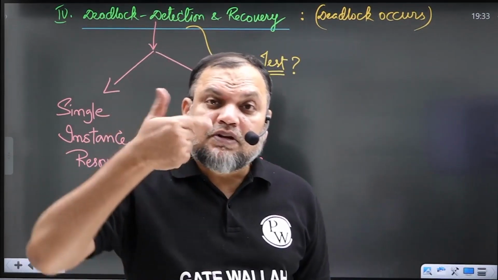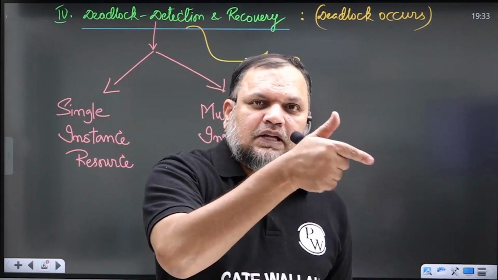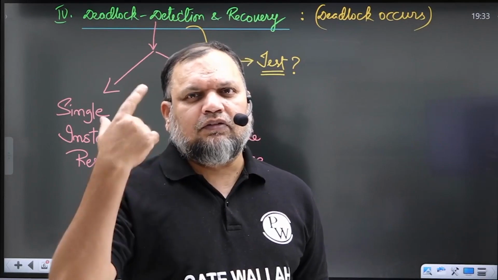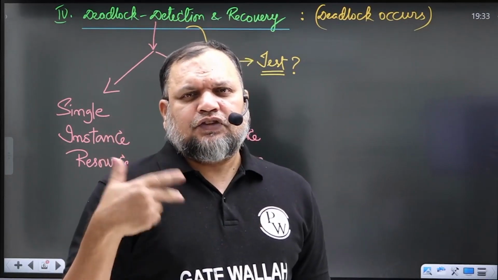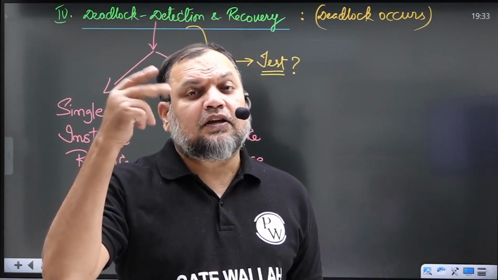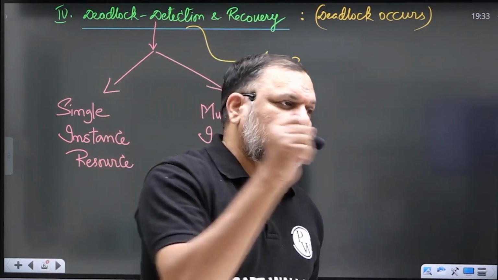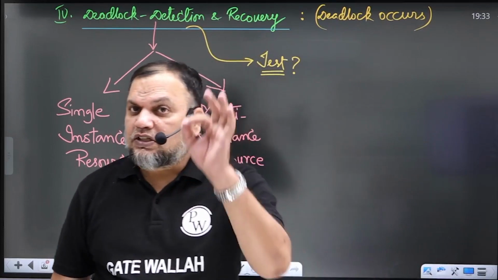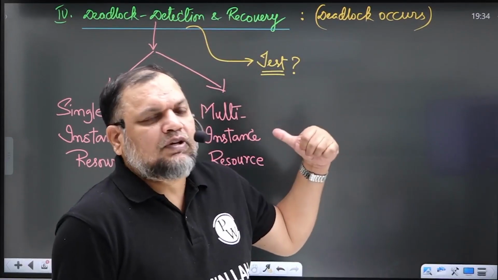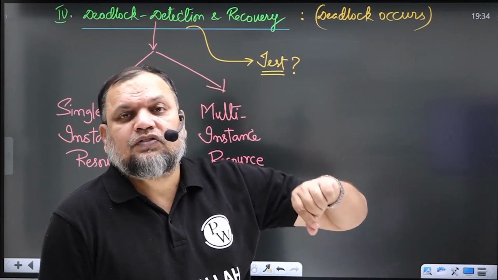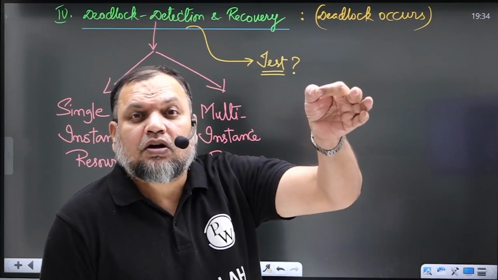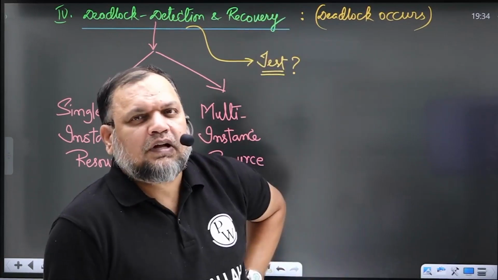Listen to me. Symptoms, test. Activation of a test is based on symptoms. The patient says something, the doctor analyzes and makes a guess, and to reconfirm the guess, he activates the test. So like that, what are the symptoms in the system for which the deadlock manager, like a doctor, activates the test?